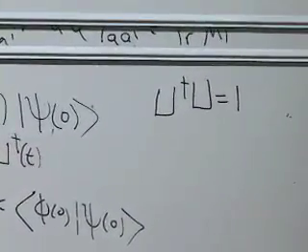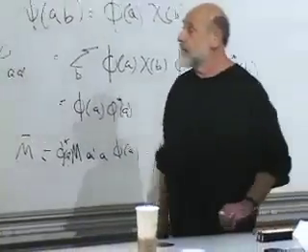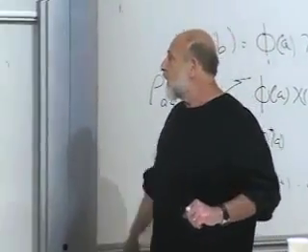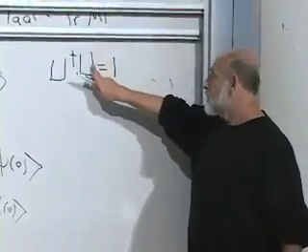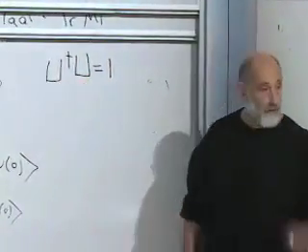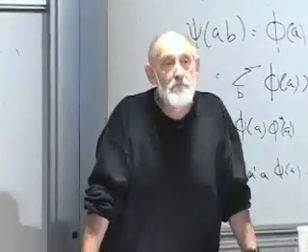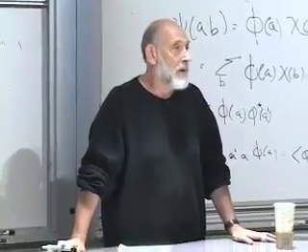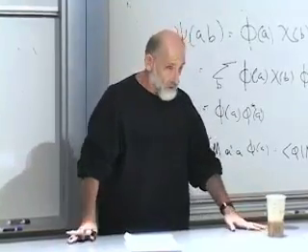Before we even talk about matrices with this property, that the product of them times their Hermitian conjugate is 1, if these were just numbers, it would correspond to a number times its complex conjugate. If a number times its complex conjugate is 1, what does that say about the number? It's a pure phase, an e to the i theta of some sort.